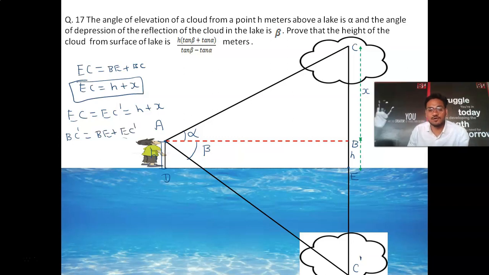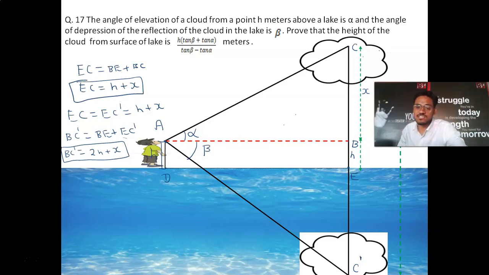Okay, now BE is H and EC dash is H plus X. So if I add these two, I'll be getting 2H plus X. So BC dash is going to be 2H plus X. Clear? So let me denote this complete BC dash by this green line, and this total denotes the 2H plus X. Let me mark here this 2H plus X.